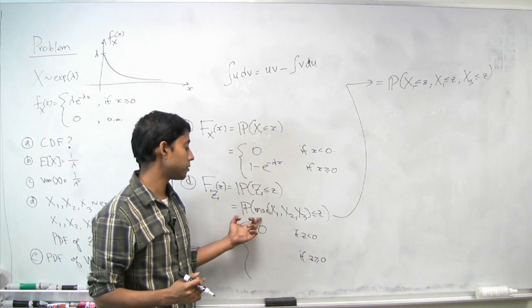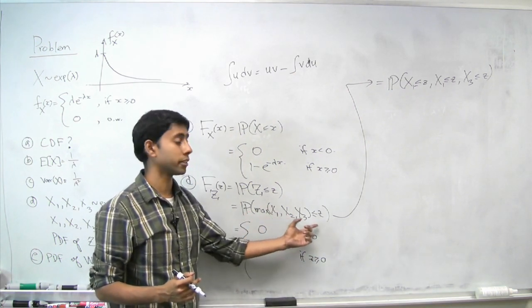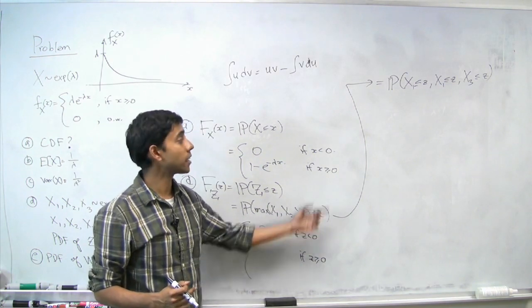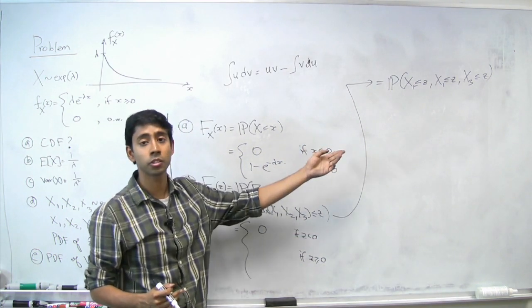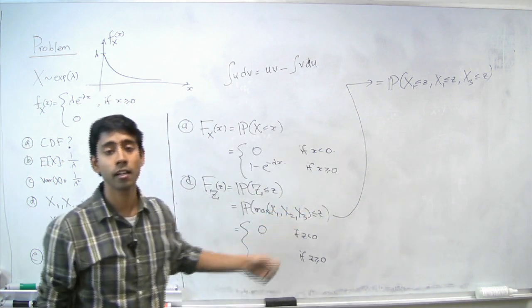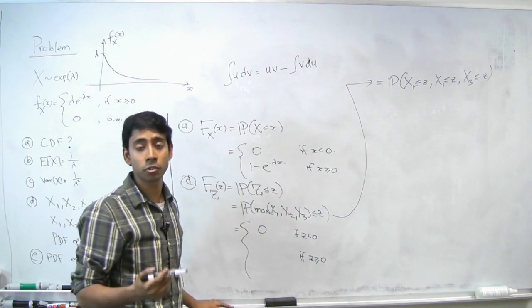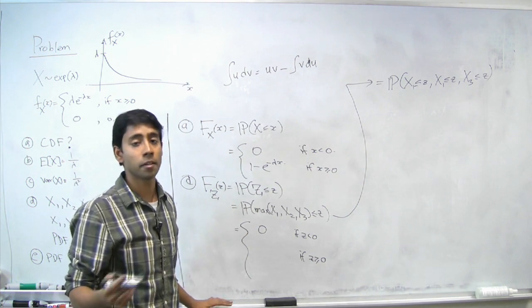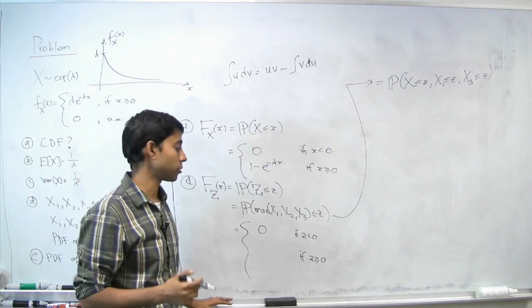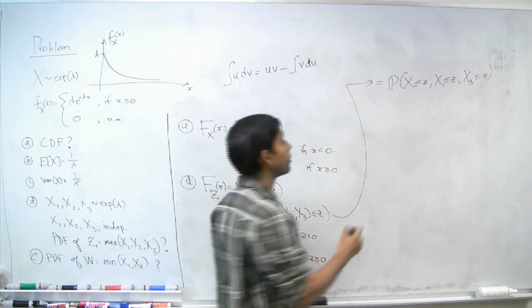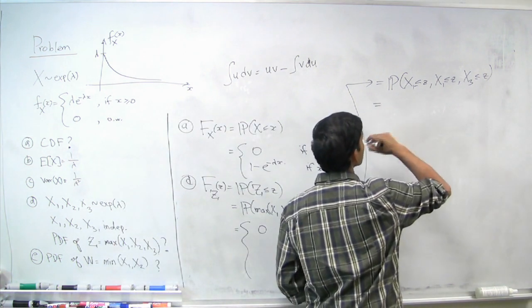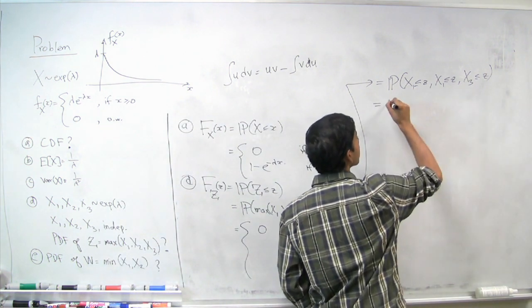One direction is say if the max of x1, x2, x3 is less than or equal to z, does that mean x1 is less than or equal to z, x2 is less than or equal to z, and x3 is less than or equal to z? Yes. And then if x1, x2, and x3 are individually less than or equal to z, then the max is also less than or equal to z. So these two events are equivalent, and this is true.